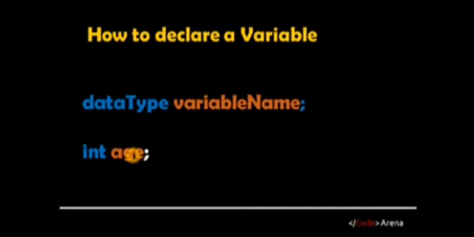Age stores number values. Don't forget I said integer data types store whole number values. And since my age is in whole number values, I use the data type int. So int is a data type that has been ascribed to the variable name age, which means I'm telling my compiler that age stores whole number values.